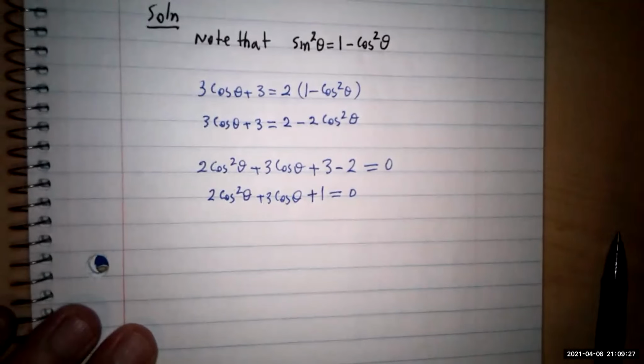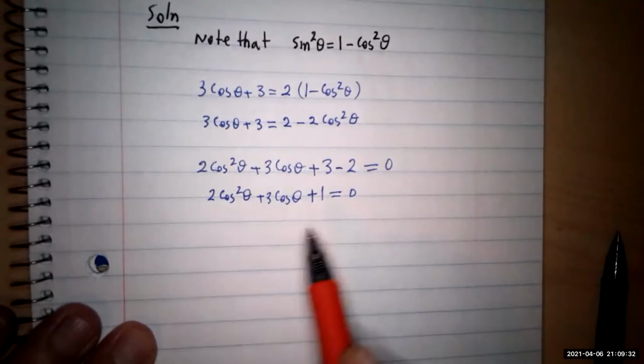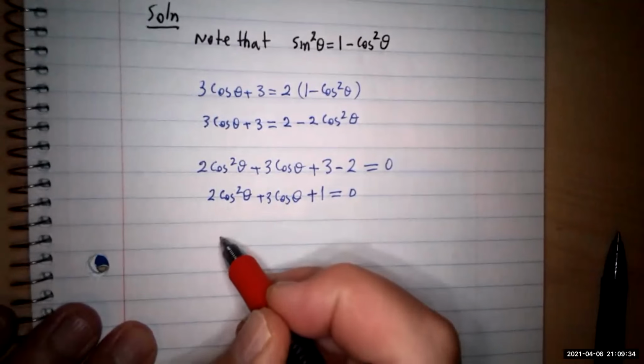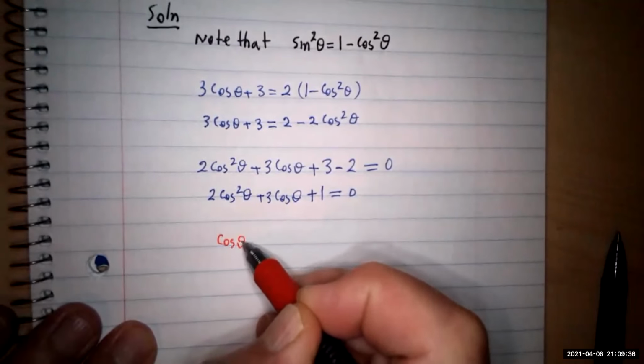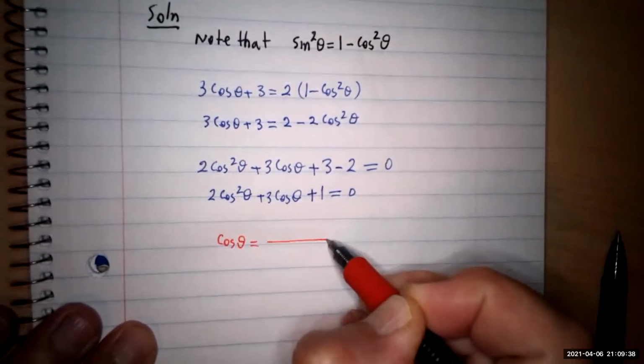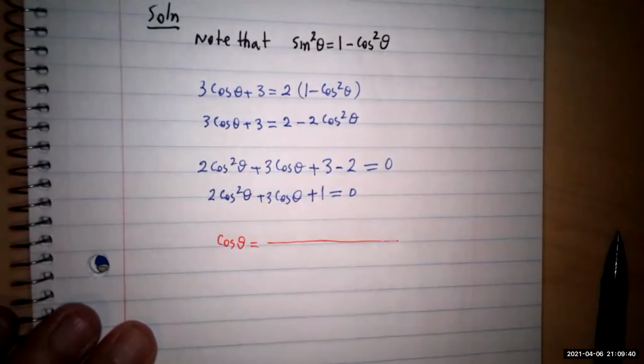If you don't want to go through that, you can directly write the formula. You said u equal to, but you can say cosine of theta is equal to, and just use the quadratic formula. That's quick.